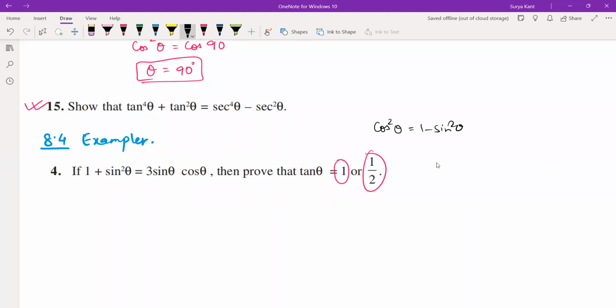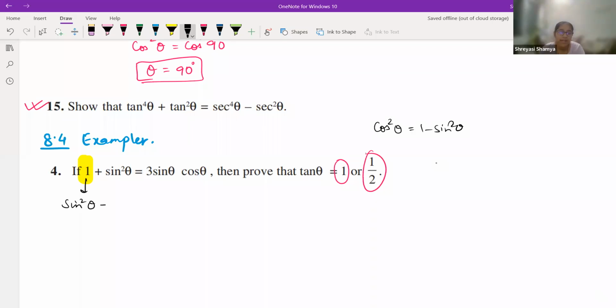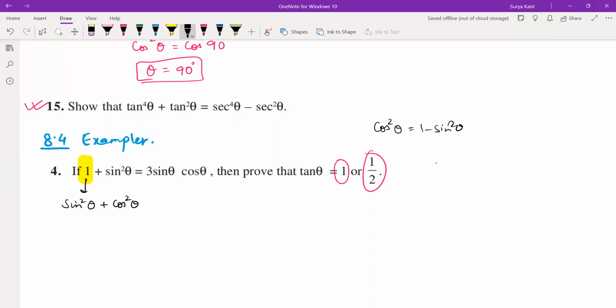If 1 plus sine square theta is equal to 3 sine theta cos theta, anyone knows how to do this? Monish? I think we can just convert this 1 into sine square theta plus cos square theta. We can write 1 as sine square theta plus cos square theta.